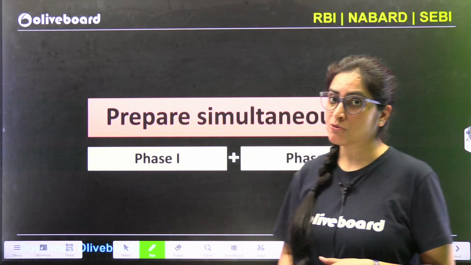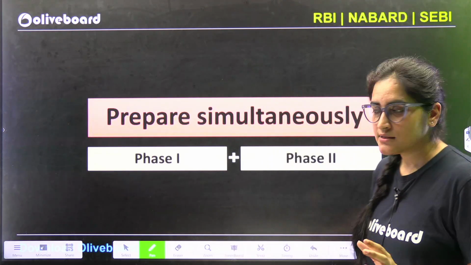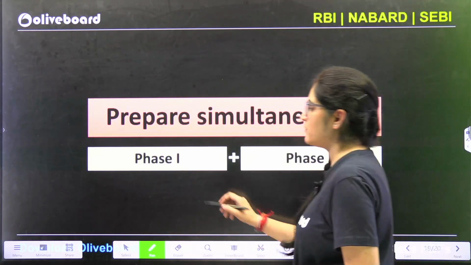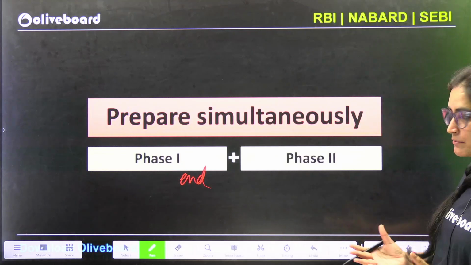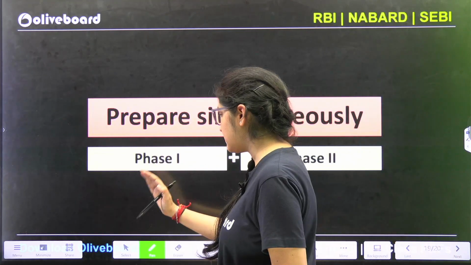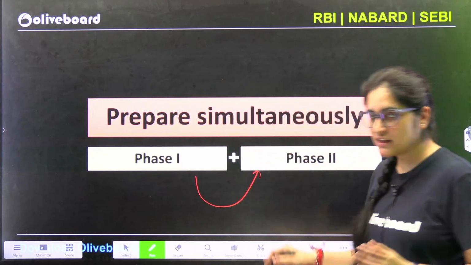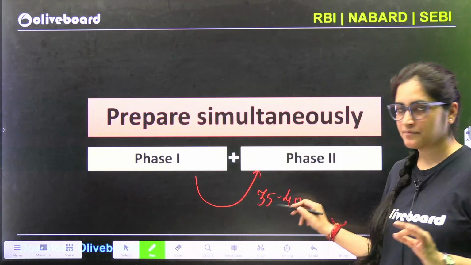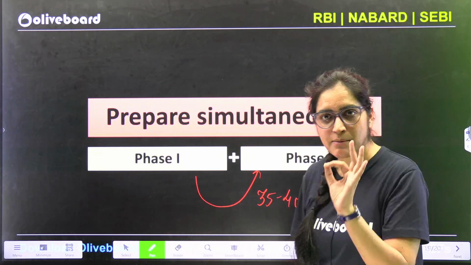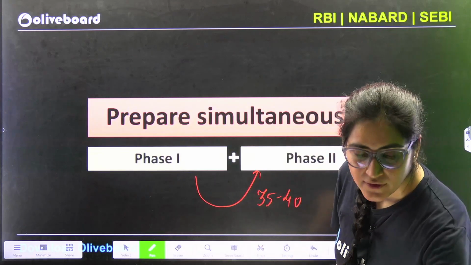Now, how to prepare? Guys, you cannot wait for phase 1 to end and then think that I'll start with phase 2. Let me tell you why. I have told this multiple times as well. Phase 1 और phase 2 के बीच में there will be around 35 to 40 odd days. Phase 1 देकर आओगे, उसके बाद you will be having, let's say, 40 days.